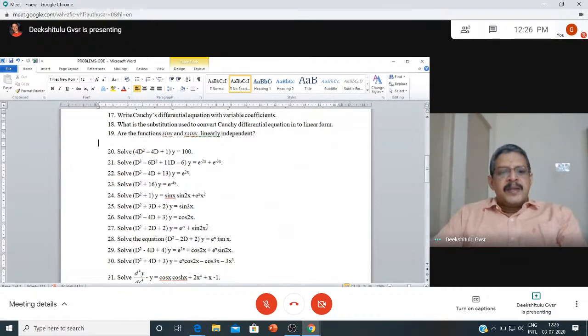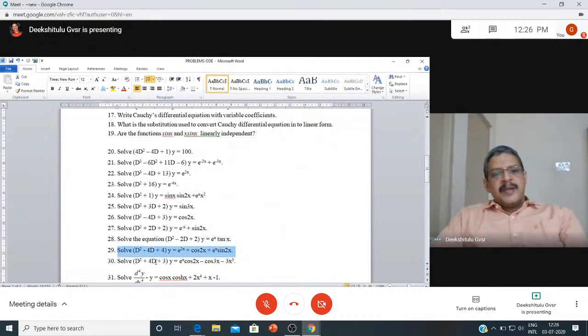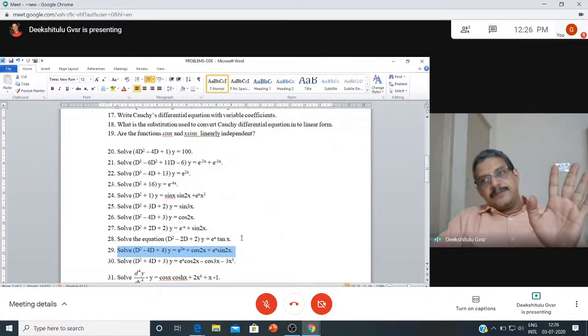Say for example, in this problem, what is the complementary function? That's a bit. What is the particular integral of this with only e power 2x? Only with this or only with this? I think you have 3 different problems. If you solve these, it is equivalent to solving 4 problems here.